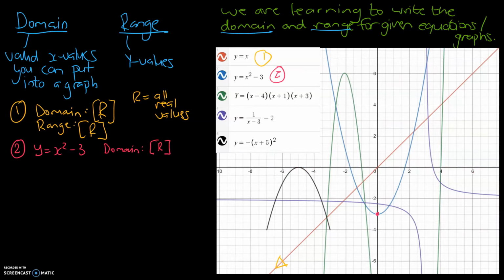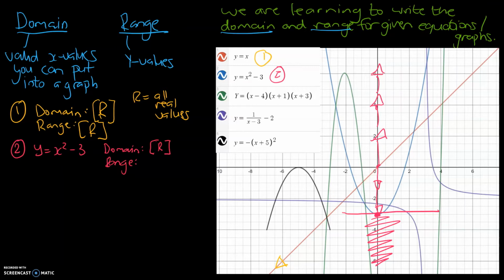And the next thing we need to think about is the range. So if we're on the y-axis, let's start at 0, we can go up and up and up, and there will typically always be a corresponding value that relates to that. However, with this parabola, we can't go down, down, down, because that stops at -3. There's no y values below that point.